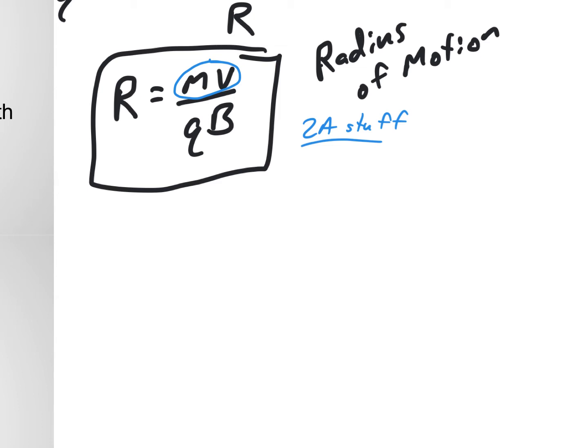If something has a large mass and is moving very quickly, so it has a large momentum, then it's likely to have a larger radius of motion. Okay? So picture a very large bus that's moving quickly. That thing is going to be very difficult to turn.